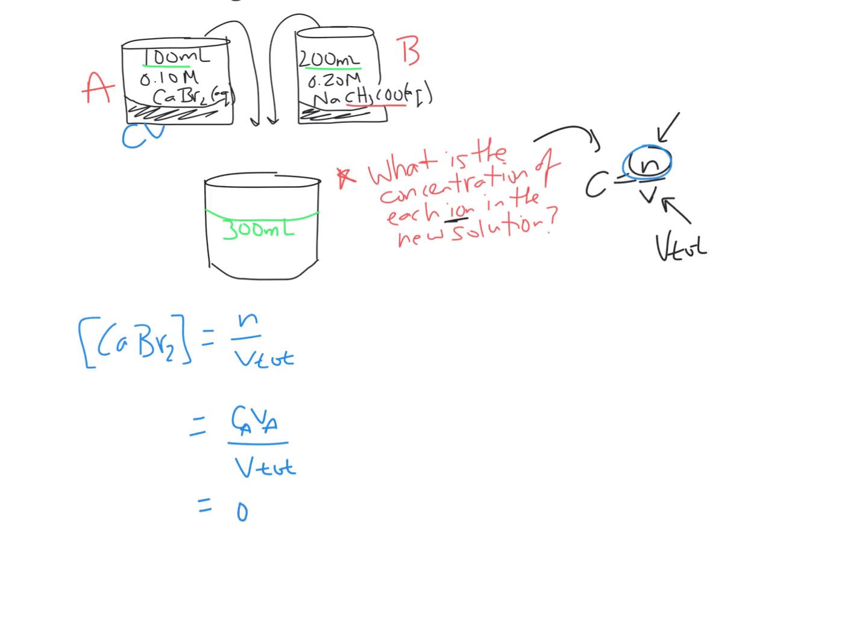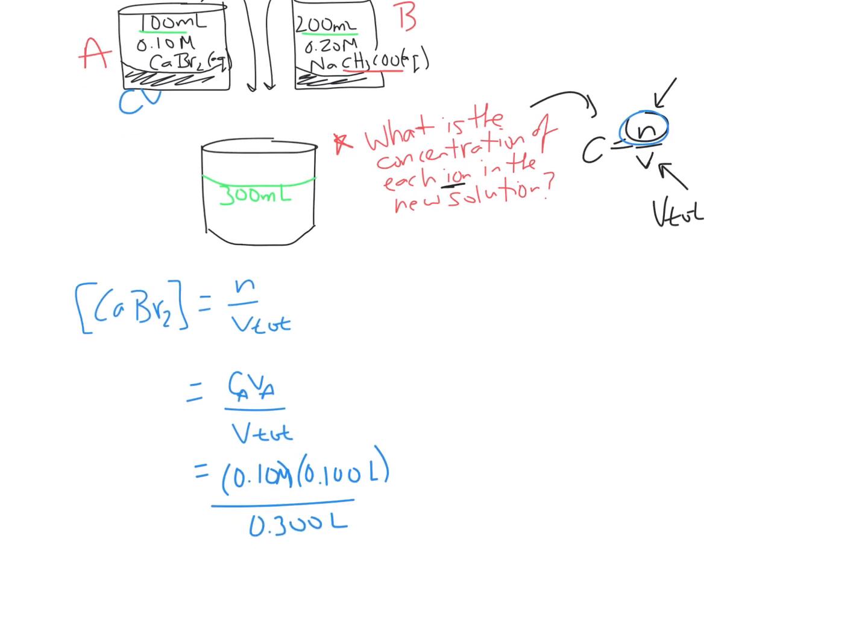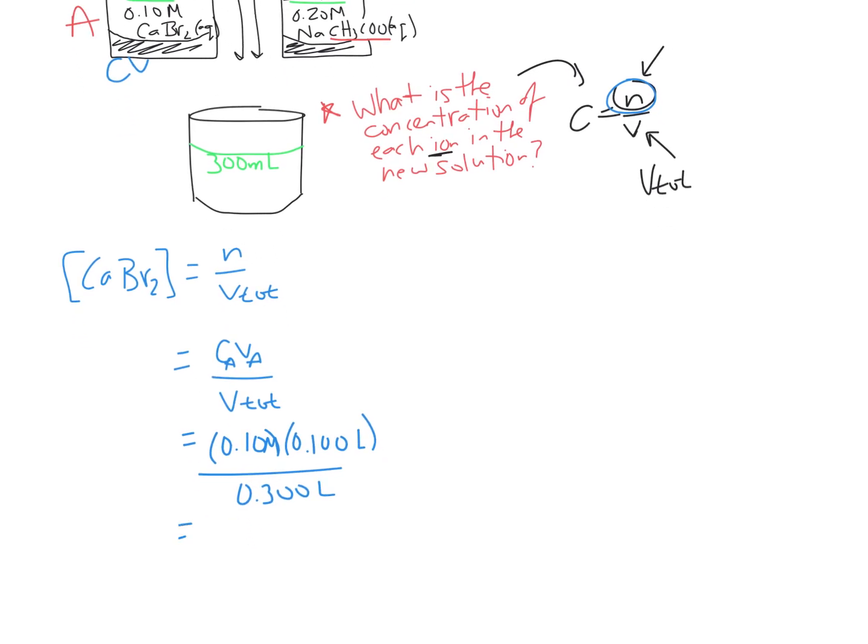So the initial concentration was 0.1, we were told. The initial volume was also 0.1. We had an extra 0 on there. This would be liters. This would be capital M. Over 300 milliliters, which of course we're going to write in liters, 0.3.